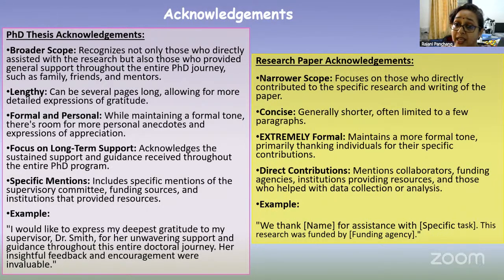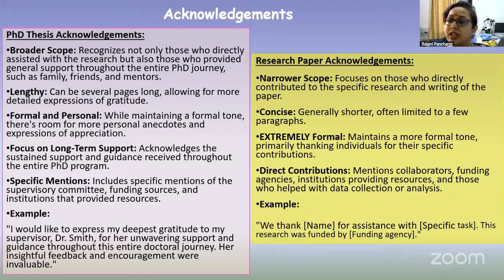So a PhD thesis is taking care of many objectives, 3, 4, 5 objectives. A research paper generally deals with only one objective. Because of that, the length of everything differs; a research paper is a concised version of your thesis. That's why your methodology should be completed in 200 words, 100 words.